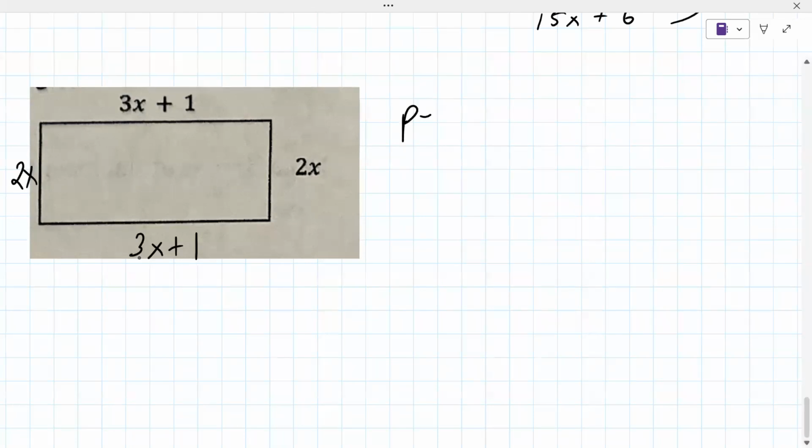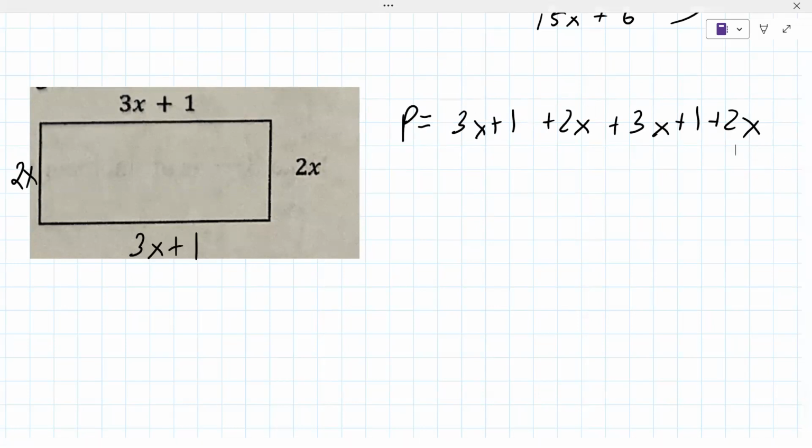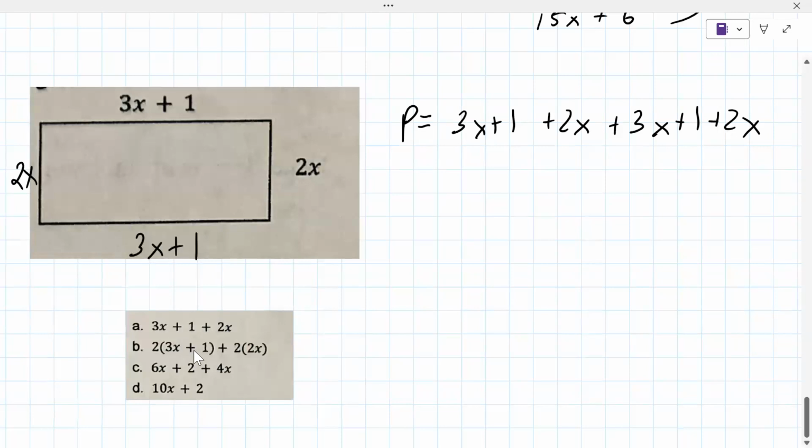So now the perimeter is 3x plus 1 plus 2x plus 3x plus 1 plus 2x. So what I want you to do is simplify this and figure out which of those four answers is correct.